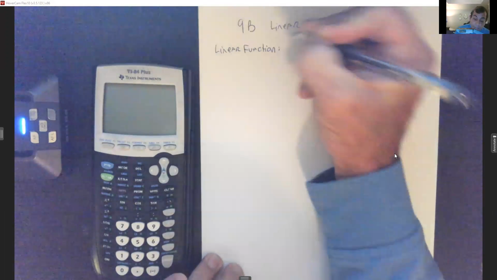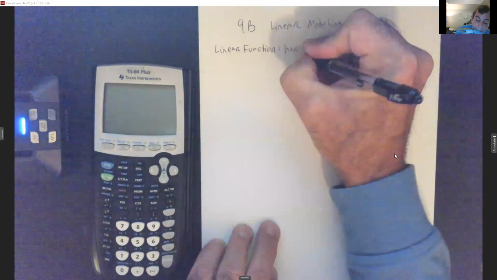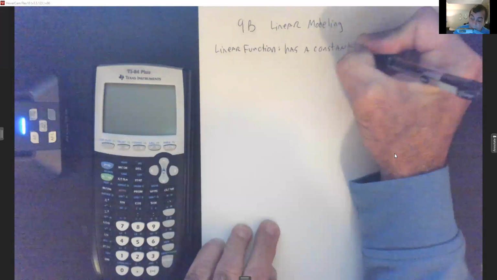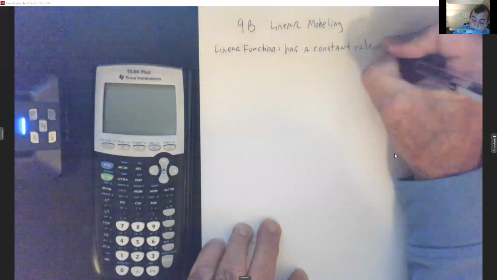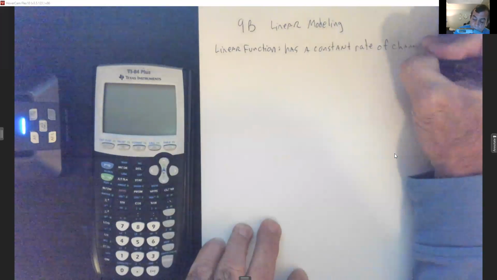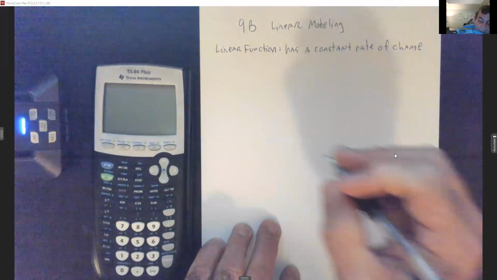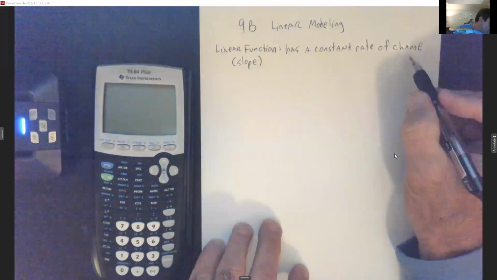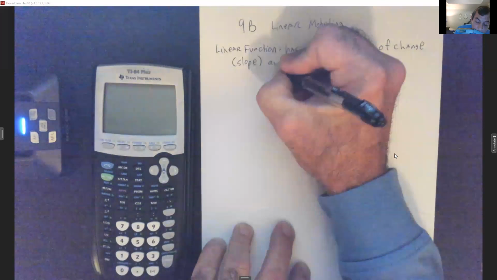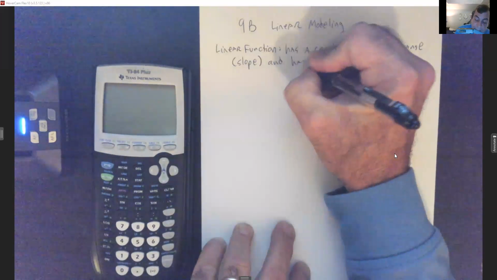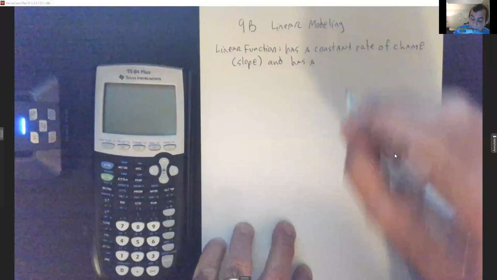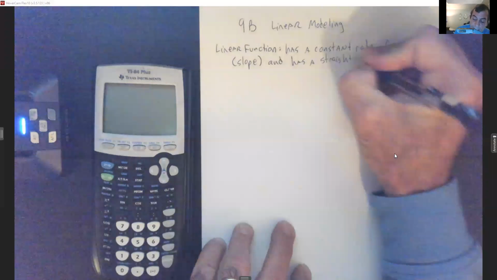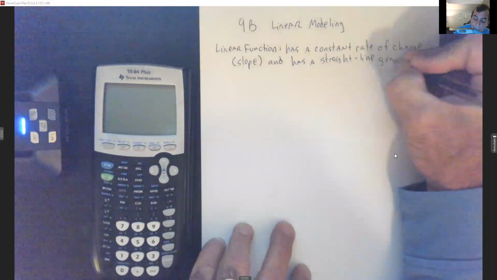So a linear function has a constant rate of change, which is also known as the slope, and has a straight line graph.